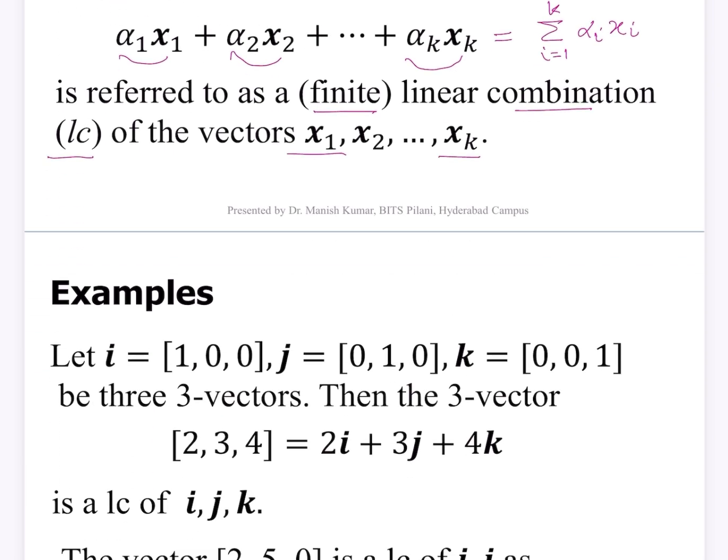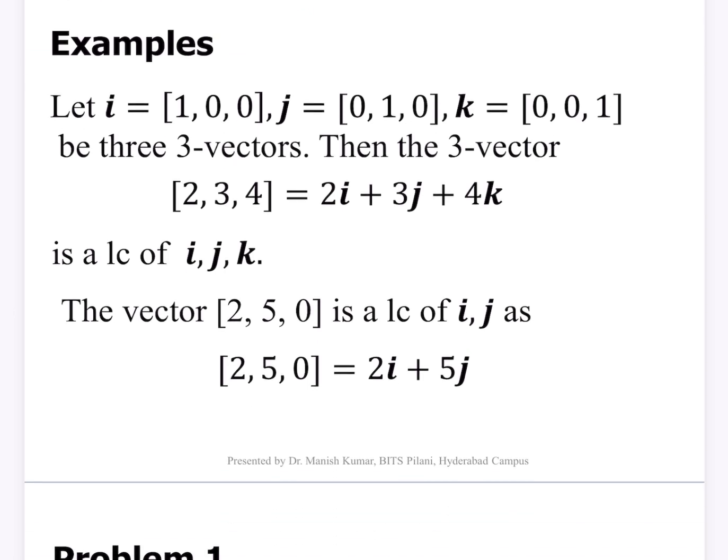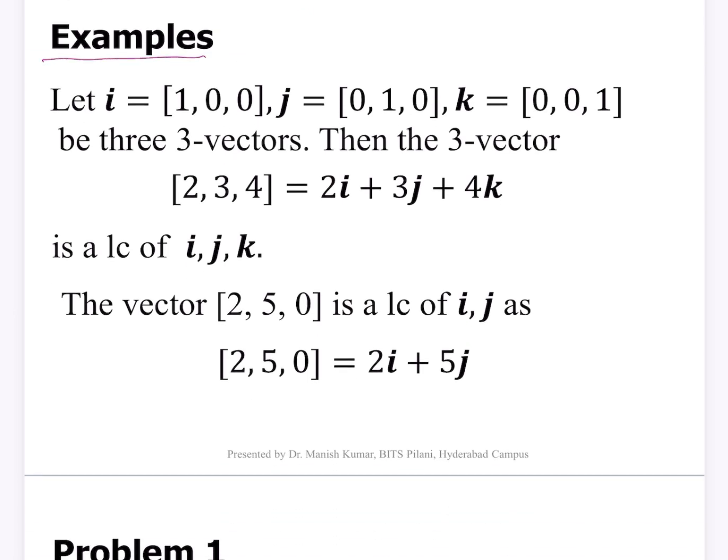Okay. So now let us see one example. Let i = (1, 0, 0), j = (0, 1, 0), k = (0, 0, 1) be the three vectors. Then the 3-vector (2, 3, 4) can be written as a linear combination of these three vectors, right?